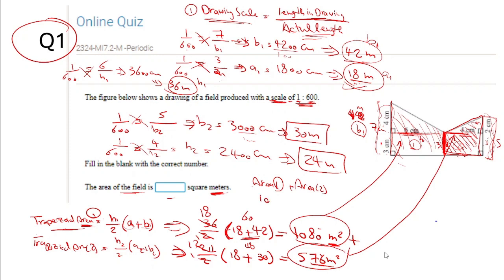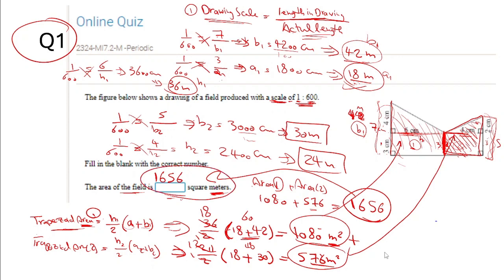So it would be 1080 plus 576, it will be equal to 1656. So that means the answer will be 1656 meters square. Okay, so this is the answer, question number 2. Let's move to the next question.